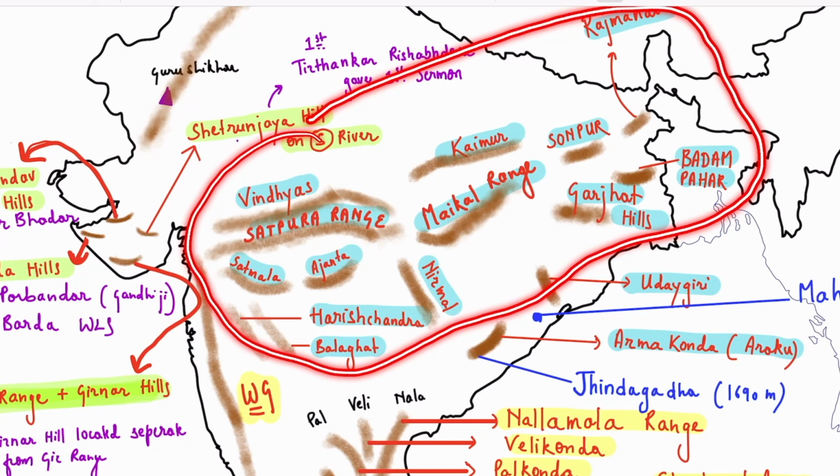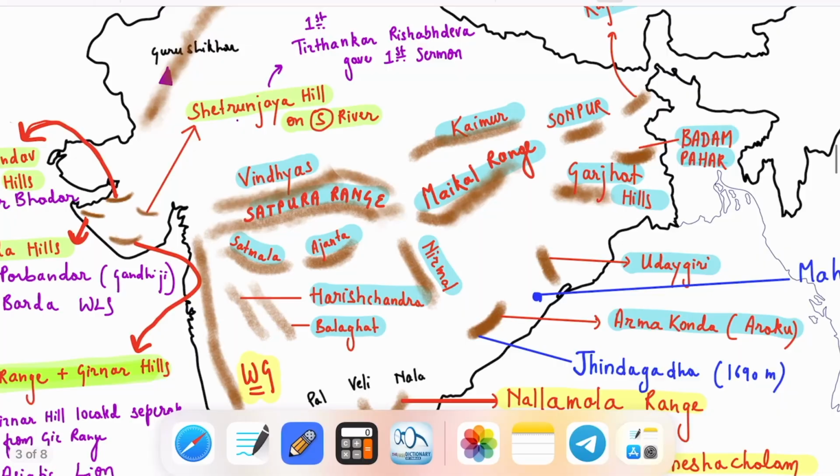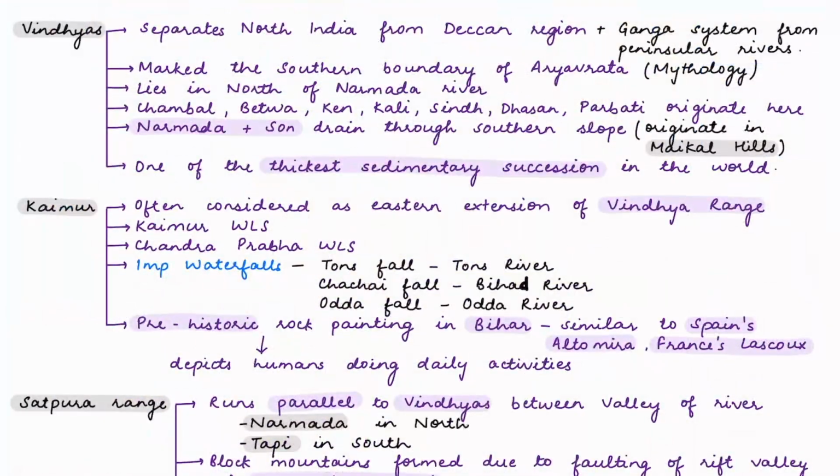You got an idea. However, out of them, a few are important ones, and we are going to discuss them in a lot more detail. First, we are going to start with Vindhyas, which are the northernmost. Now, when we talk about the Vindhya range, first of all, it has been mentioned in mythology also. In mythology you might have heard about the Aryavrat.